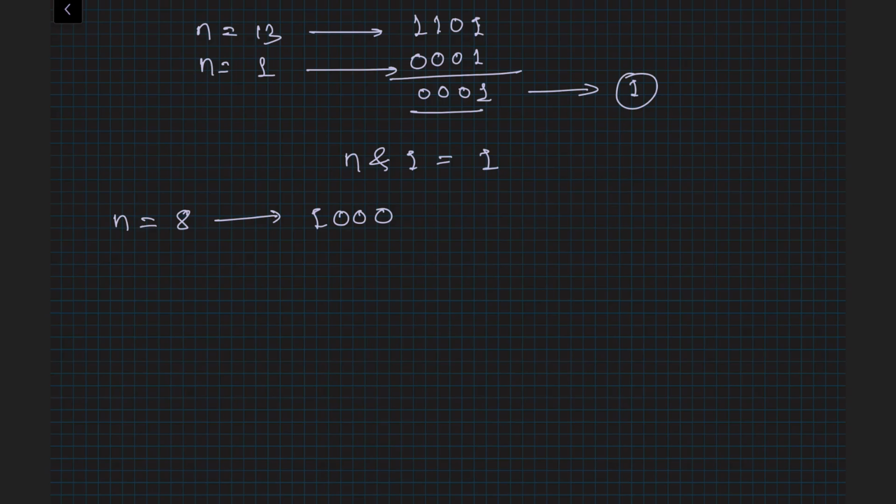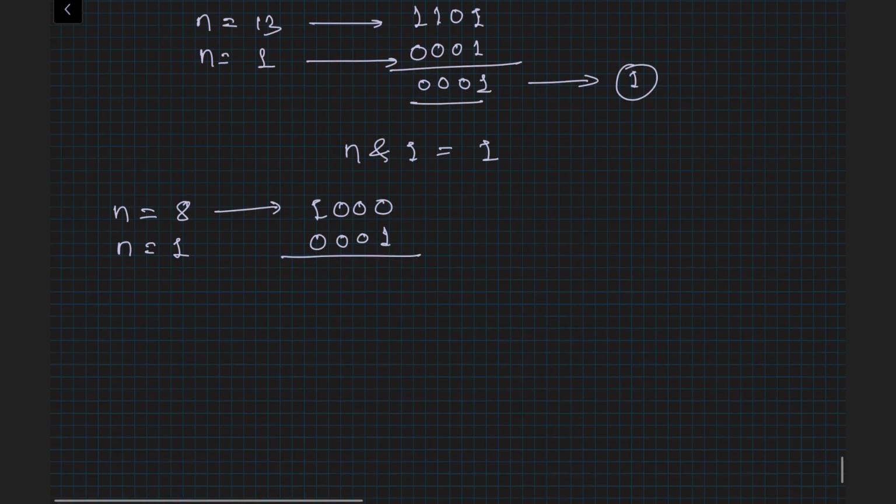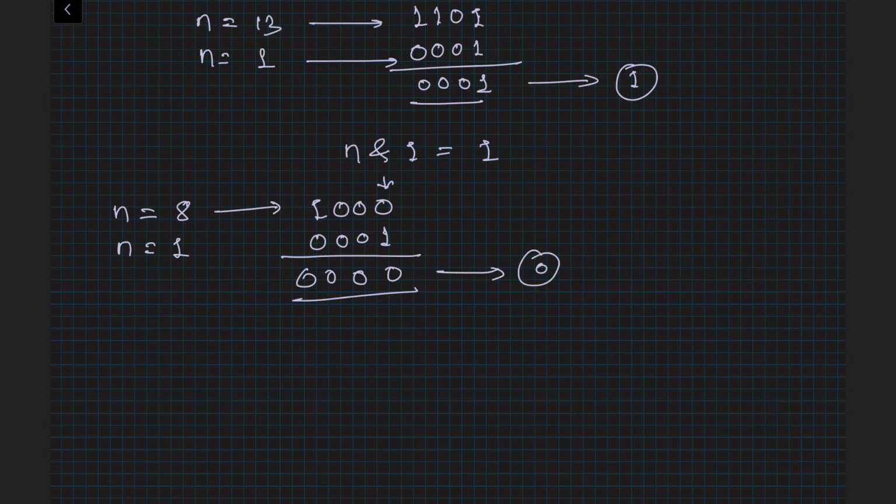Now let's do the same. If we try to do an AND operation between n and 1, here the last bit is not a set bit, or an unset bit. So if we do an AND operation between these numbers, it will result in 0. So here the result that we are getting is 0, or unset.